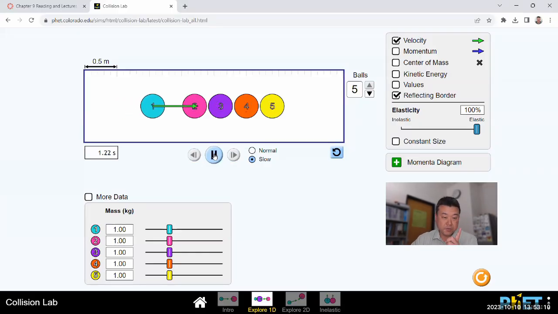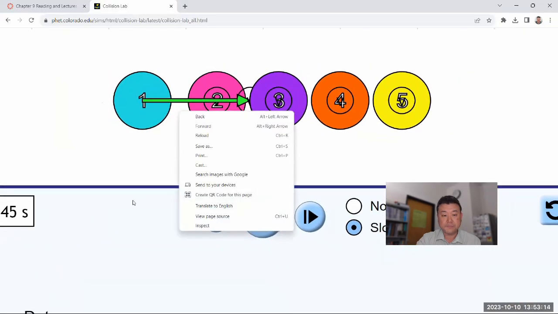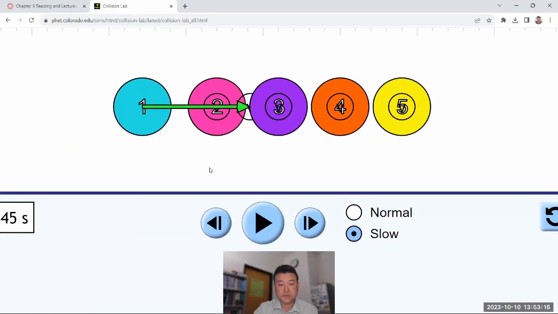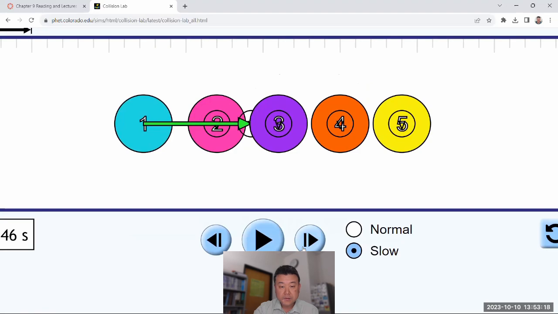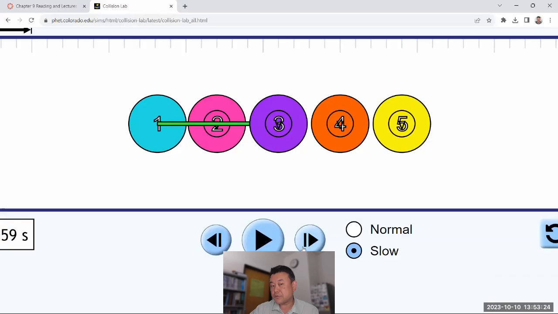So this is going to strike, and as it's striking, let me go frame by frame. You can see that when ball 1 strikes ball 2, ball 1 comes to a complete stop, and ball 2, if you are able to see this velocity vector, has the exact same velocity ball 1 did.